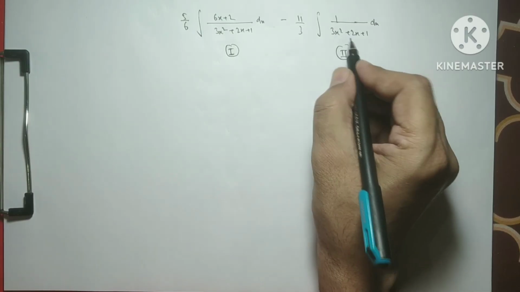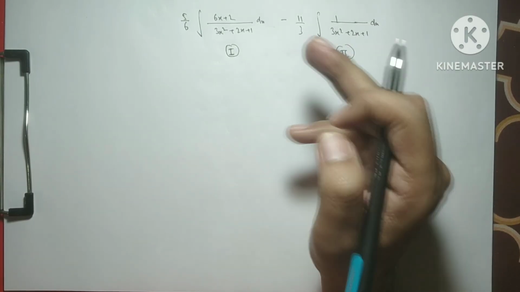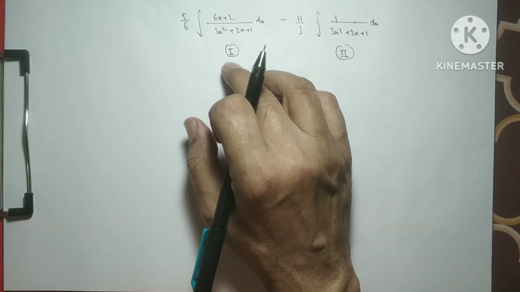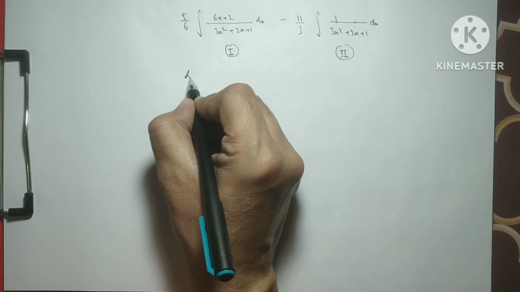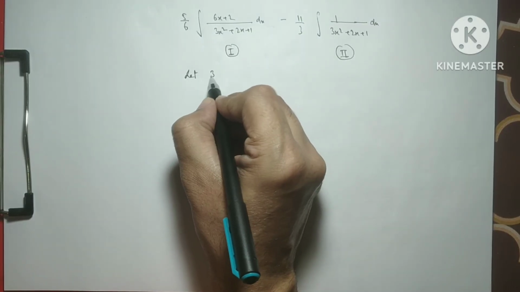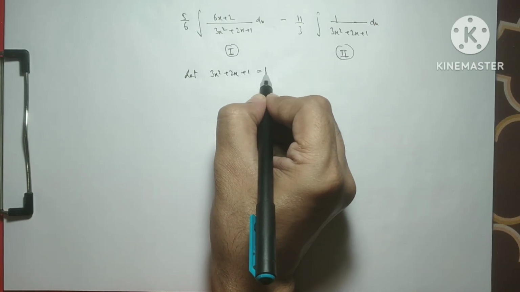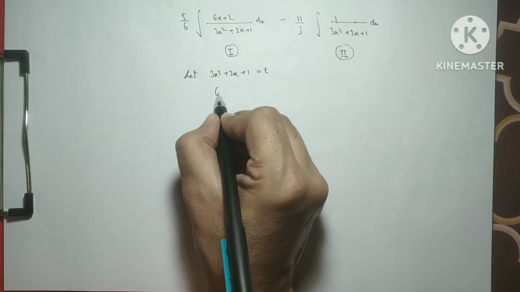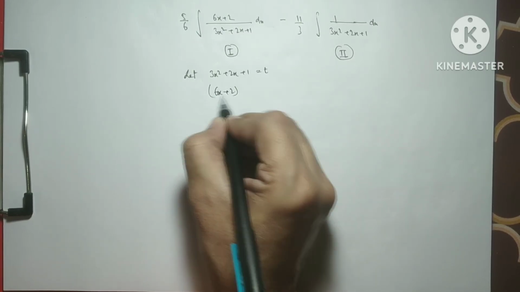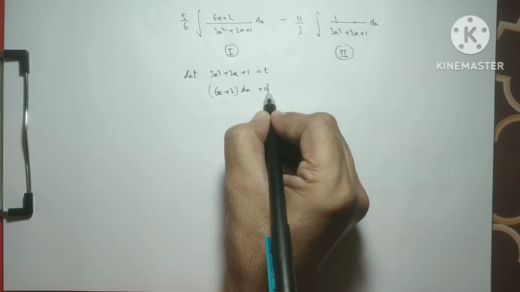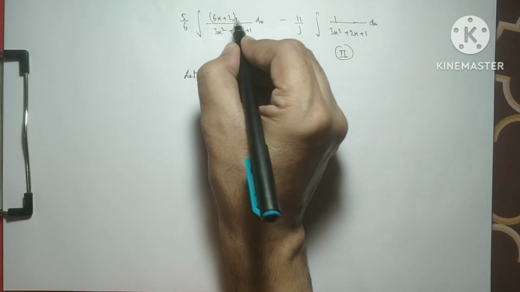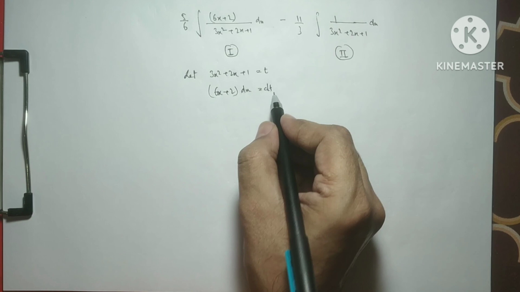The second part we operate as type third, and in the first part we consider 3x square plus 2x plus 1 as t. So on differentiation we get 6x plus 2 dx equals dt. So it means the numerator right now converts into dt.